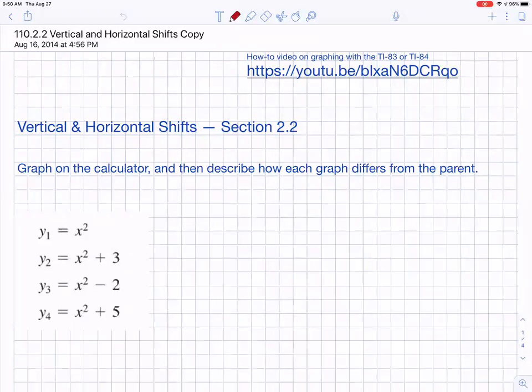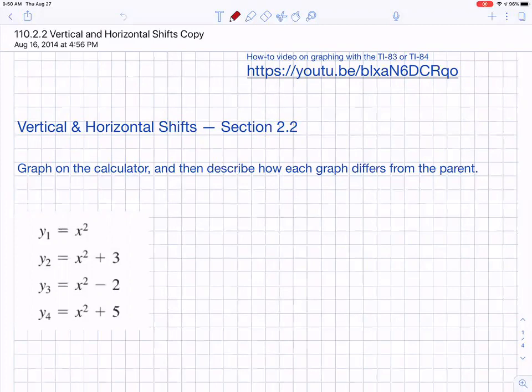Yeah, it shifted it up. How far up did it shift? 3 units. Okay, so then go to Y3. What did Y3 do to mess with the original parent? Yeah, it shifted down too. And then Y4, what did it do to mess with the parent? It shifted up 5 units.